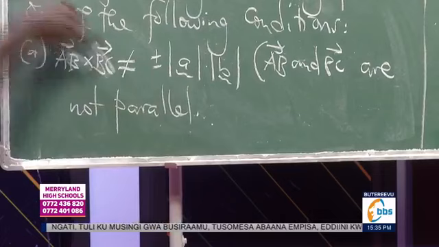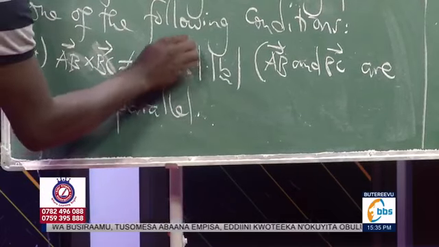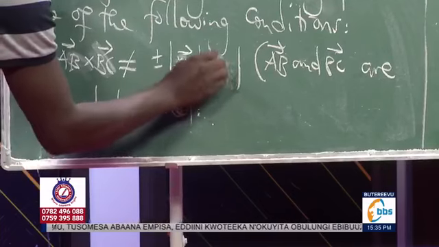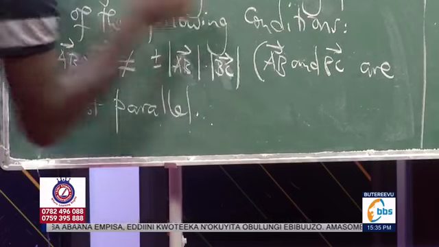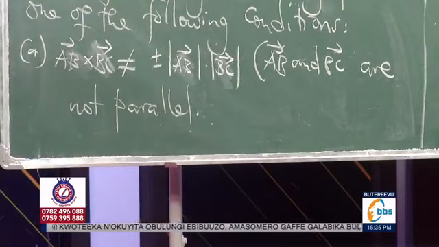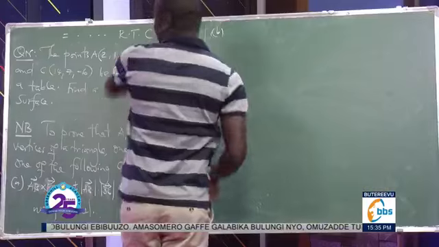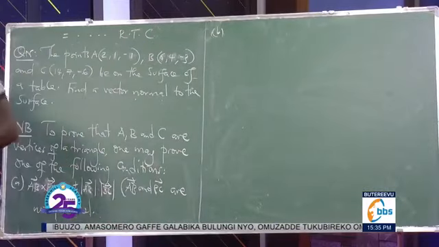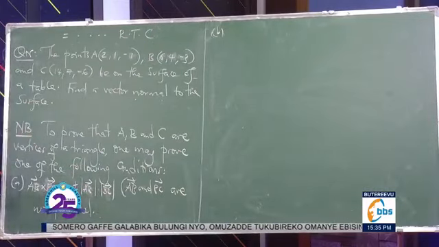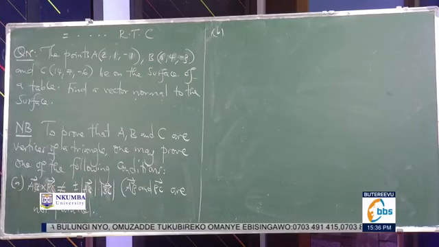Sorry, this is AB, and then this is BC. So you prove that AB and BC are not parallel. Then we've also looked at the cross product. How do we use it to prove that A, B, and C are not collinear?